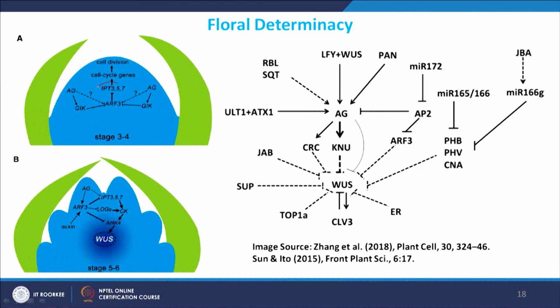Apart from WUSCHEL and CLAVATA, cytokinin is also playing a very important role in maintaining the stem cell pools. And you know that this is the biosynthesis enzyme, cytokinin is having a positive role on the stem cell maintenance. At early stage, this important auxin response factor, which is ARF3, is kept repressed, but at the later stage this ARF3 is getting activated by auxin. Auxin is very specifically getting activated in the carpel at the later stage.